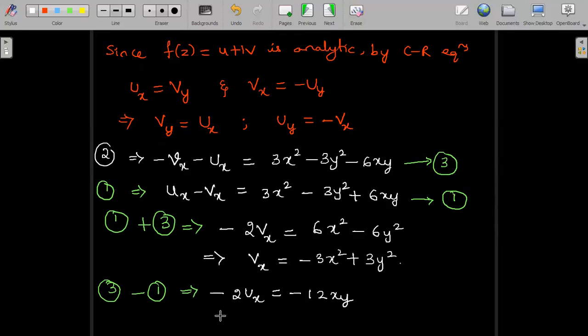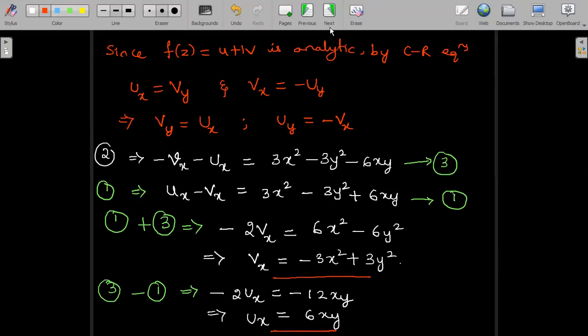So dividing throughout by minus 2, what is the expression that we are getting for Ux? So Ux is equal to 6xy. So as I mentioned, I'll be in need of this Vx expression and this Ux expression. Now what is the purpose of keeping that Ux and Vx?